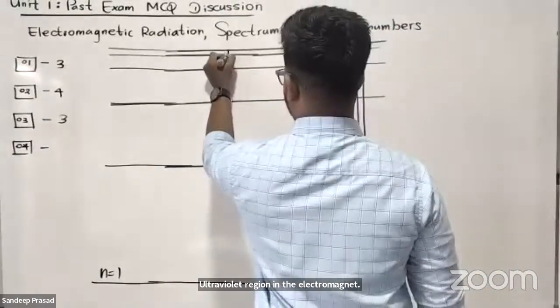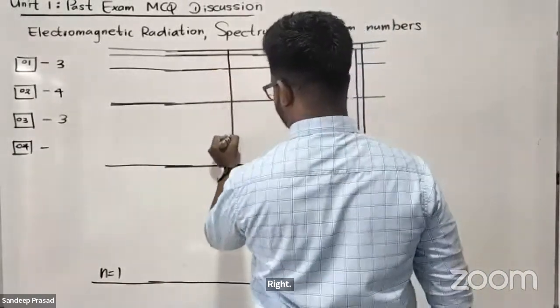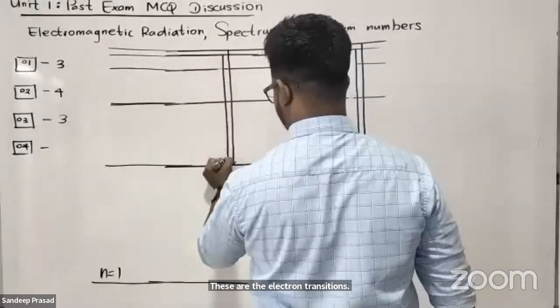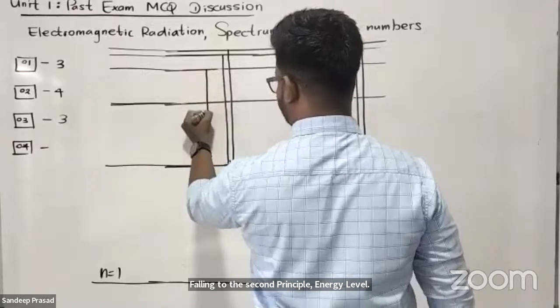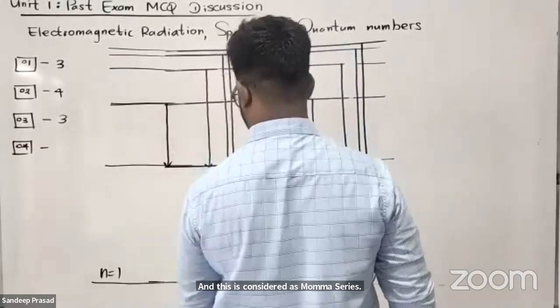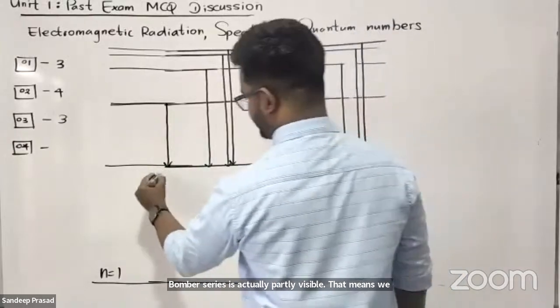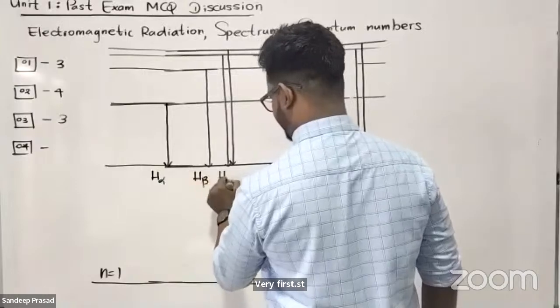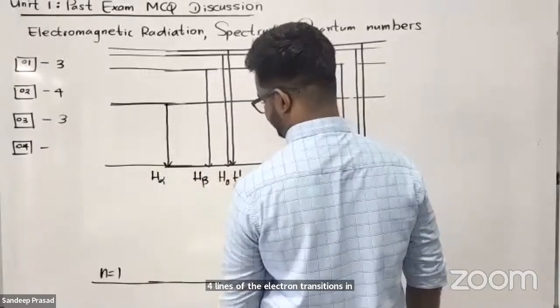And here we can see the electron transitions falling to the second principal energy level, and this is considered the Balmer series. The Balmer series is actually partly visible. That means we can see the very first four lines of the electron transitions, H alpha, H beta, H gamma, H delta, right?